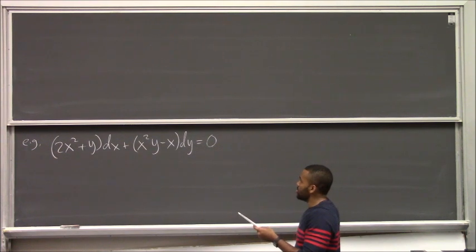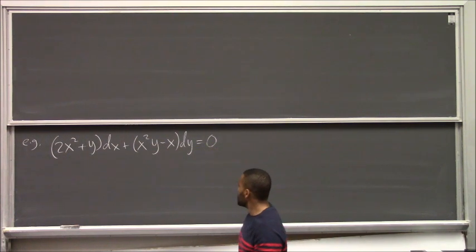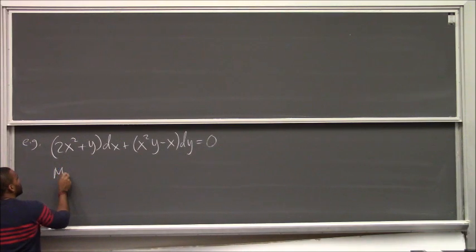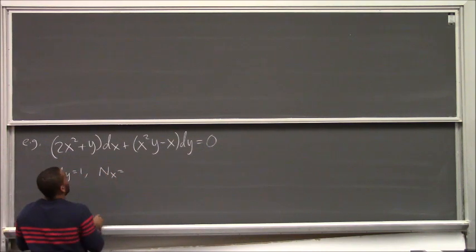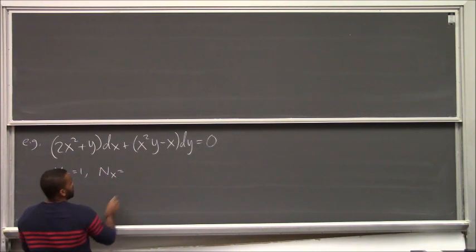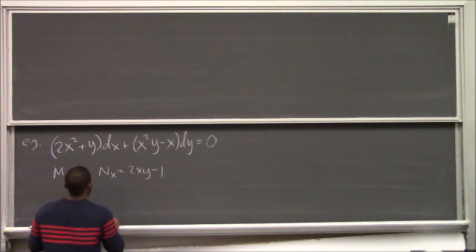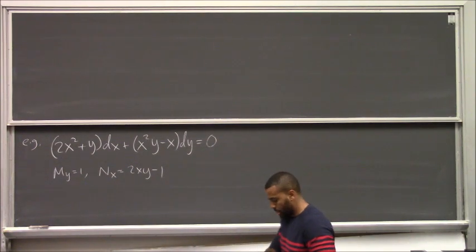I don't know. I believe I gave you the hint for this one: mu is purely a function of x. So you can check, my is 1, and nx is 2xy minus 1, which is not equal, so you know that it's not exact as written.